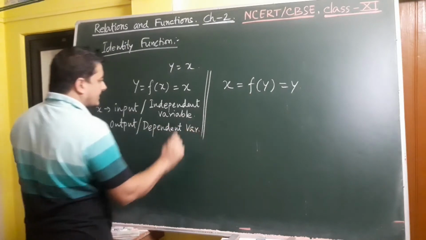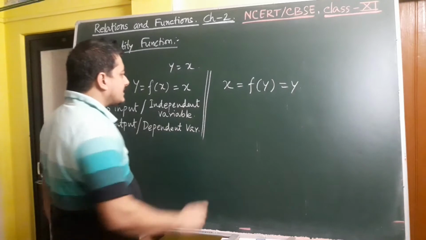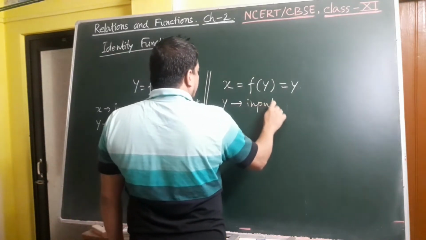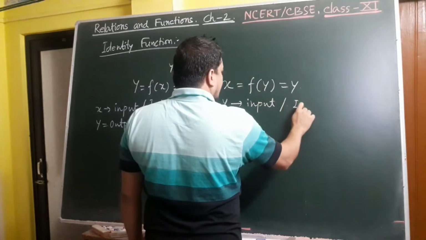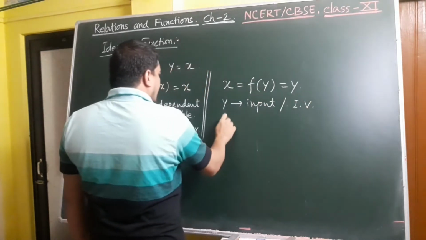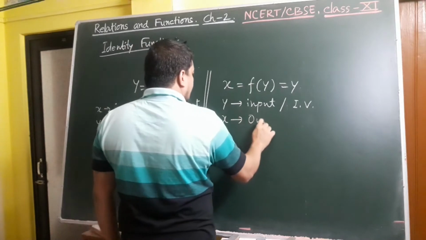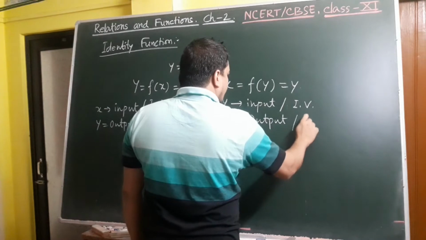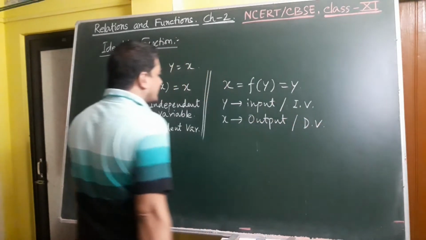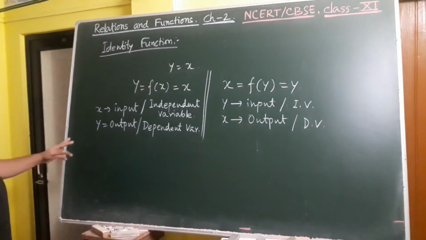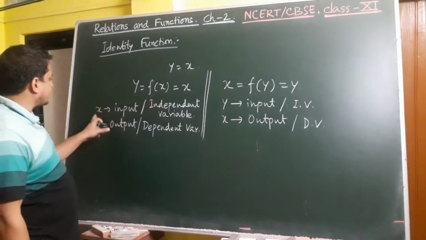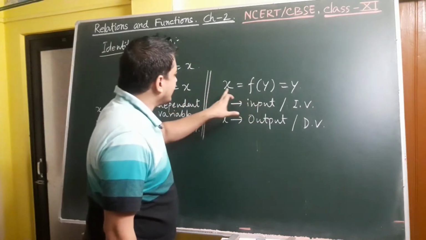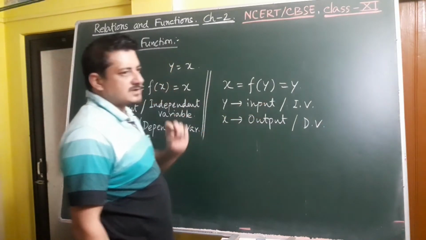And here y is the input, or independent variable, and x is output, or dependent variable. So this is a representation where x is input and y is output, whereas here x is output and y is input.